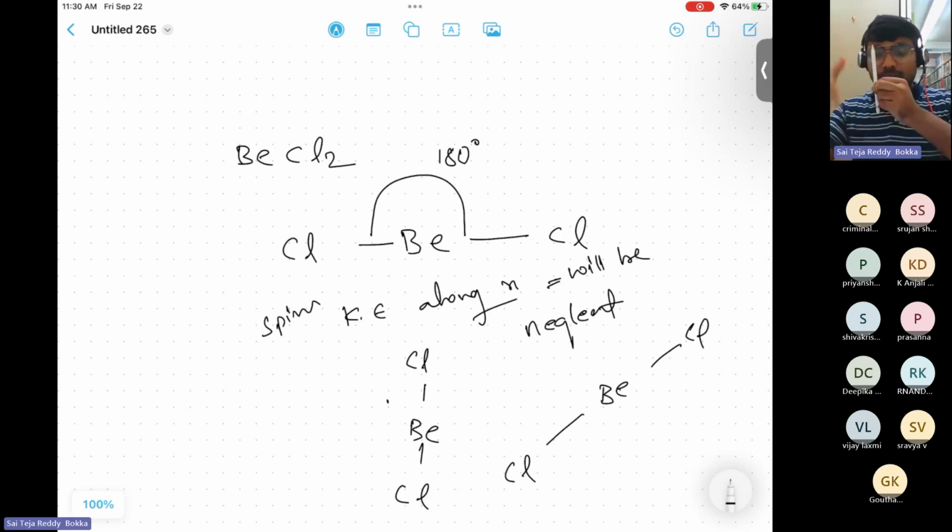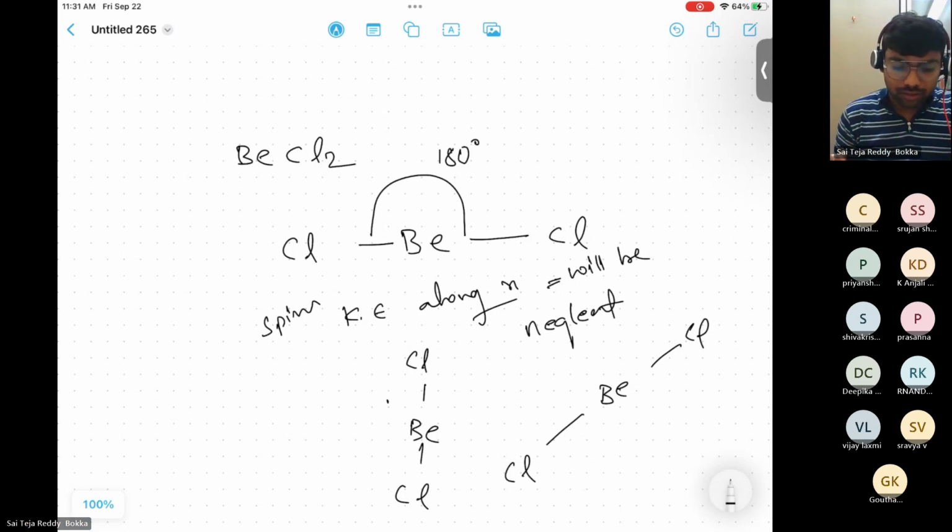While it is spinning on the y-axis or z-axis, we will have more kinetic energy, because the bond length is included here, not only a radius. We are discussing the spinning of a molecule, not an atom. Is it clear, everyone?